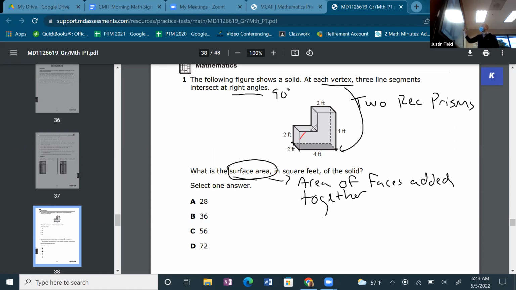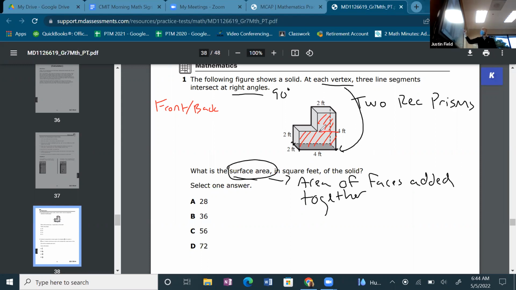So we get the front. The front is right here. What is the front the same as? It's the same as another piece. Anyone know? Too slow. The back. The front and the back are the same. So let's go ahead and find the area of the front.